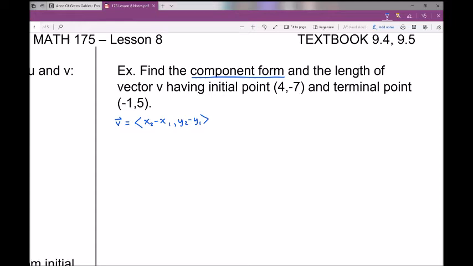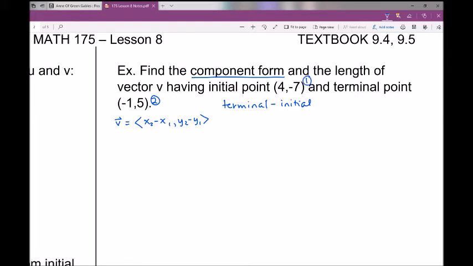And this is important because if you don't, you'll get something in the wrong direction. So you always do terminal minus initial when you're plugging into these formulas that have those sub 2's and those sub 1's. Okay, so we'll make -1, 5 our point 2 and 4, -7, point 1.